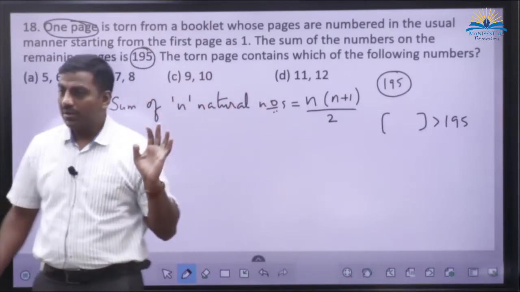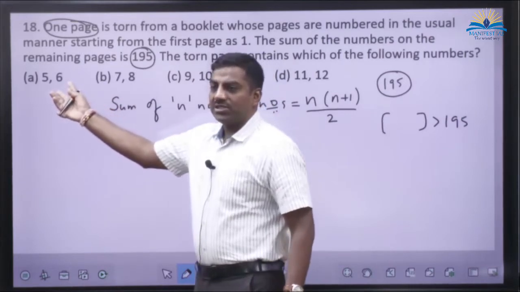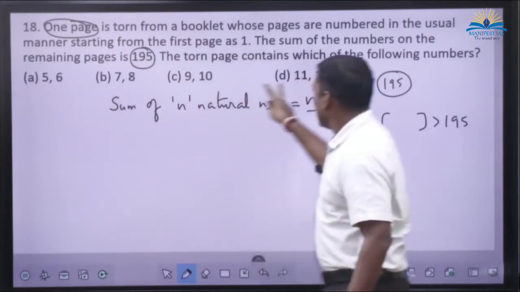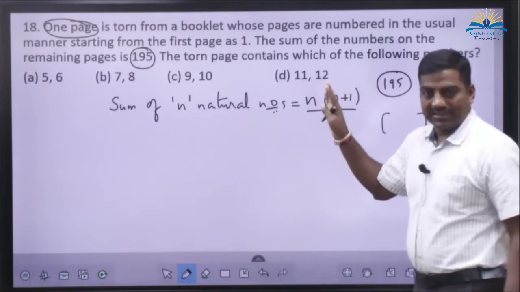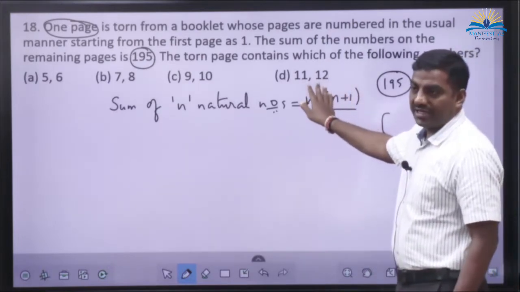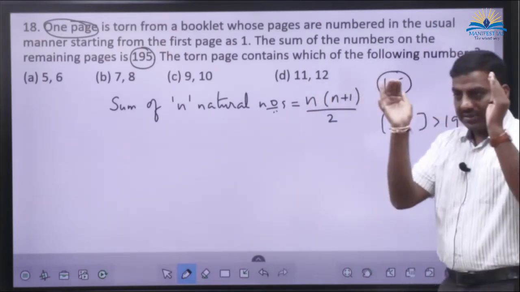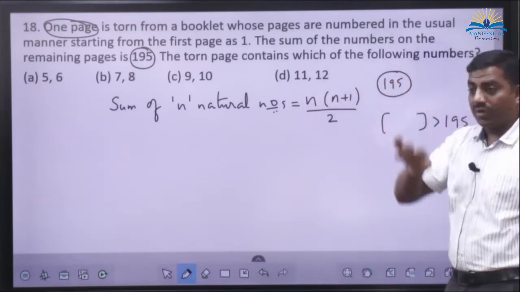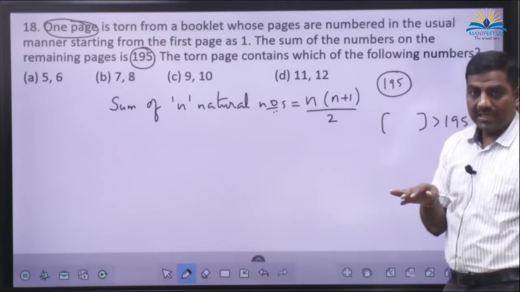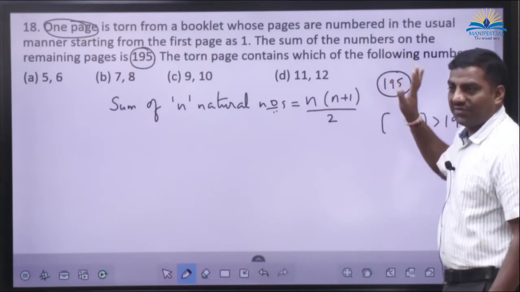Getting my point? So here the least sum is how much? 11. 23 is the highest sum. Maximum what can we subtract? 23. From the sum of these n natural numbers, if I subtract a maximum of 23, then I should be remaining with 195.